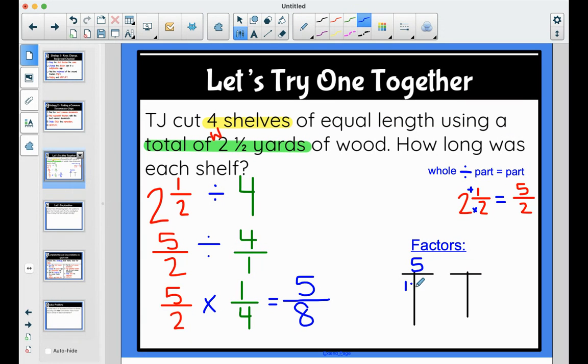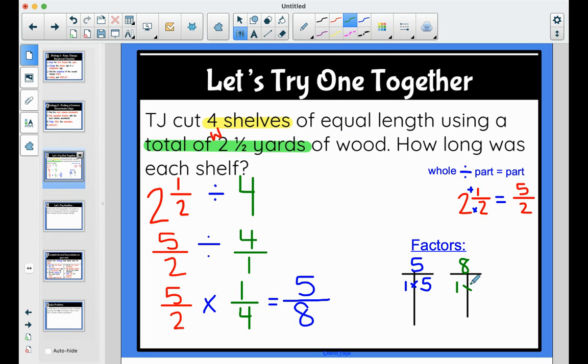So I know 1 times 5 gives us 5. Nothing times 2 because 5 is an odd number. Nothing times 3 because 3 is 6, so that's already past 5. Nothing times 4 because 4, 8, 12, we're already past 5, and 5 times 1, so that means we're done with 5. Now I have to do the same thing for 8.